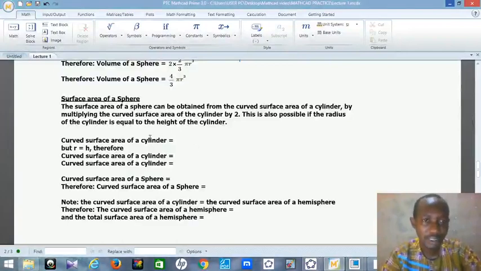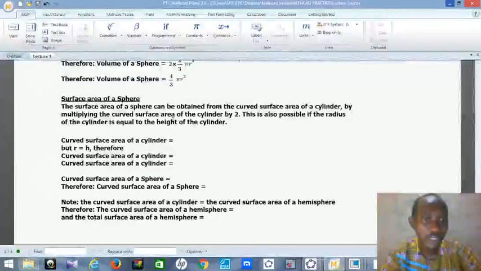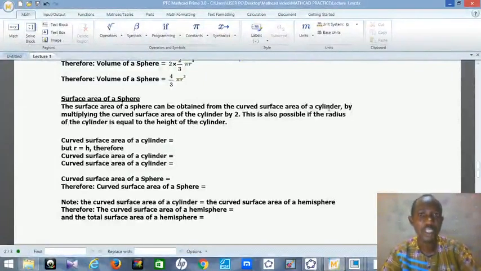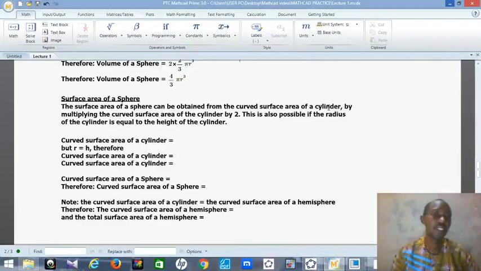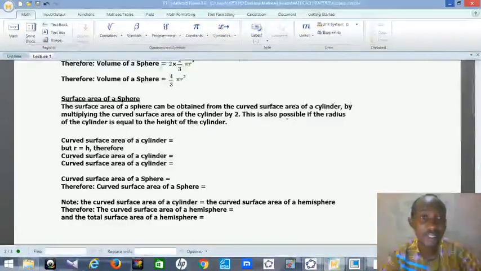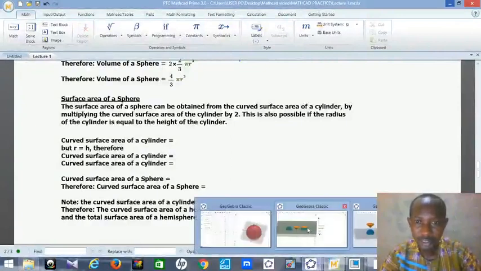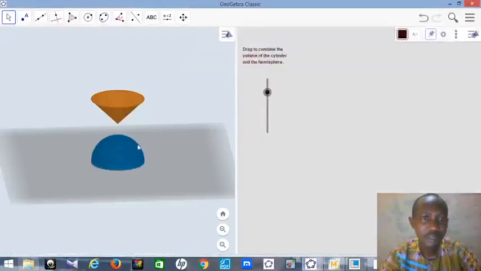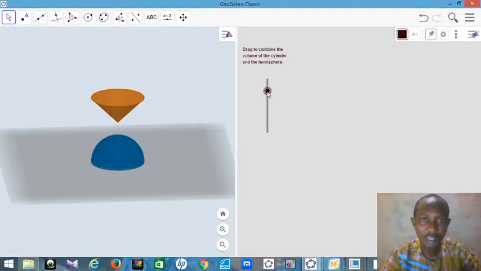You remember the animation I showed you? The surface area of a sphere can be obtained from the curved surface area of a cylinder. All you need to do is use the surface area of that hemisphere. Let me show you again. That hemisphere was turned into a cylinder.